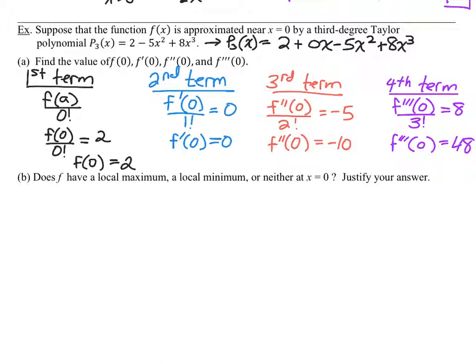But if you come up with the Taylor or Maclaurin approximation, now it's polynomial. We can find derivatives of polynomial functions very easily, and on top of that, we can solve them very easily, once we take those derivatives. So we're working off of the third degree Taylor polynomial.